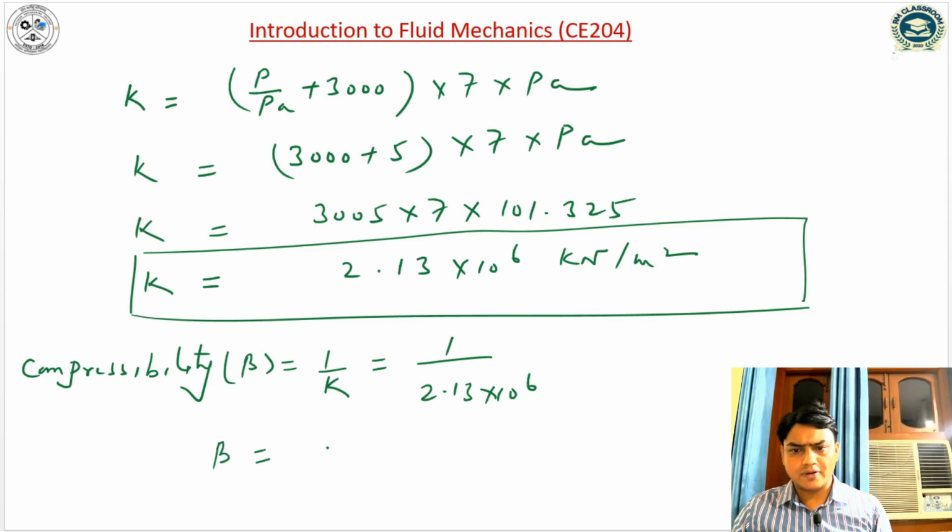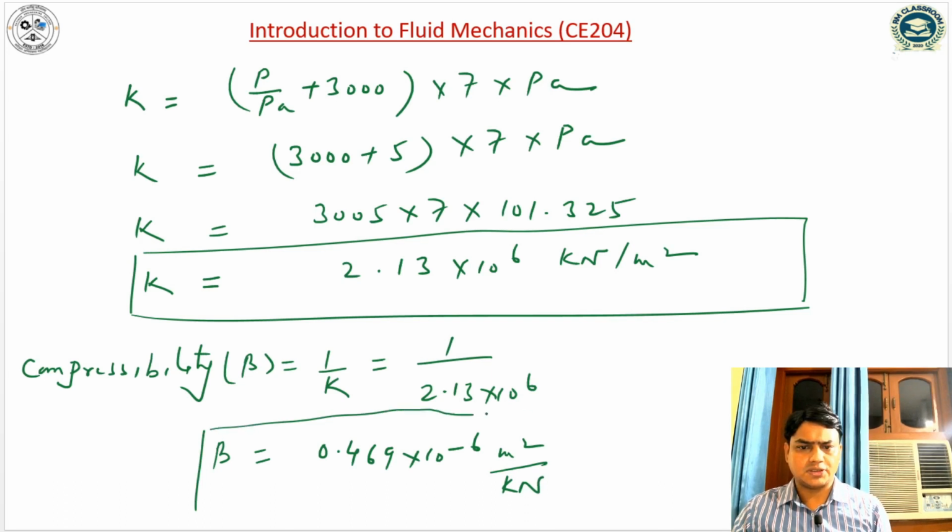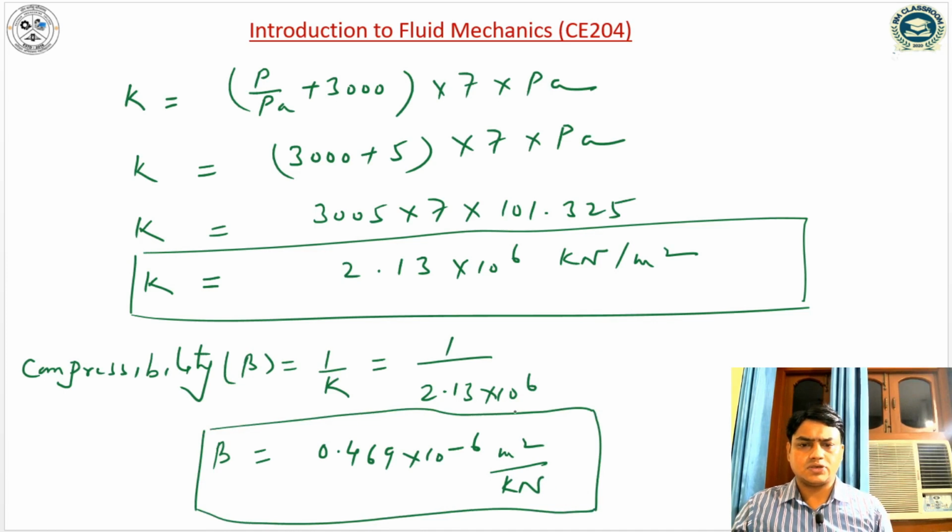So it is 0.469 into 10 to the power minus 6 meter square per kilonewton is the compressibility. So the bulk modulus is 2.13 into 10 to the power 6 kilonewton per meter square, and compressibility is 0.469 into 10 to the power minus 6 meter square per kilonewton.